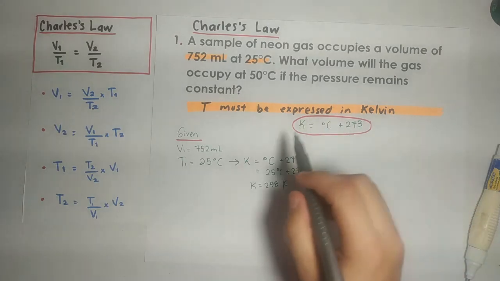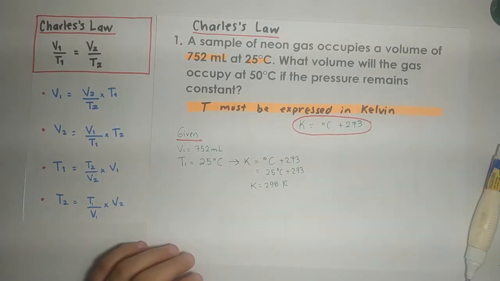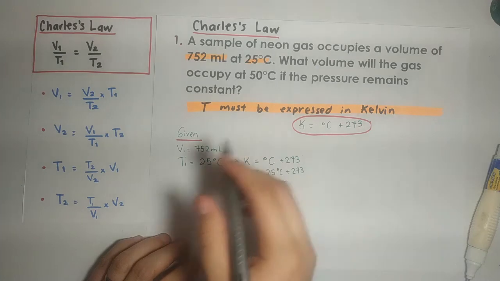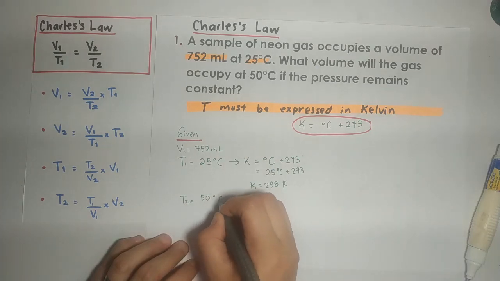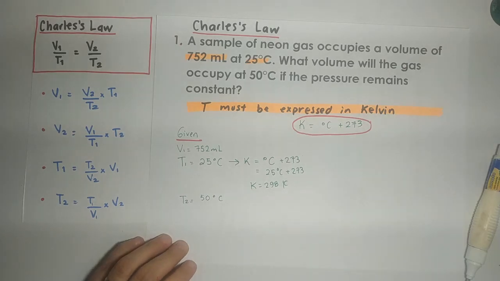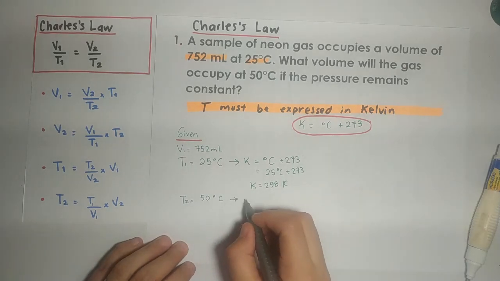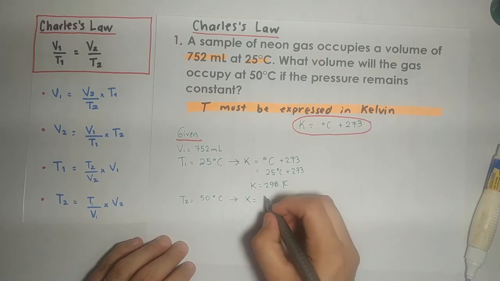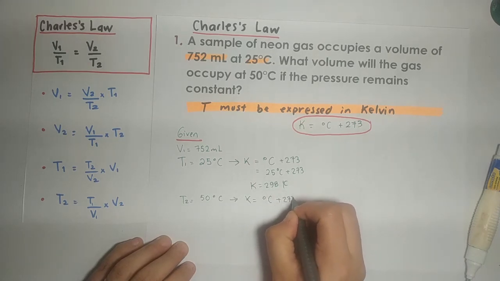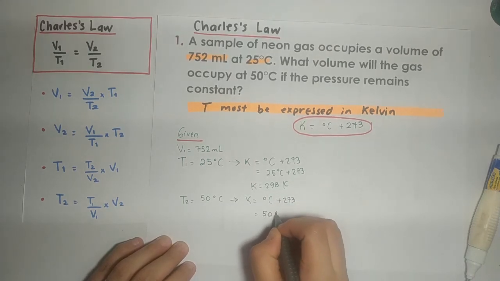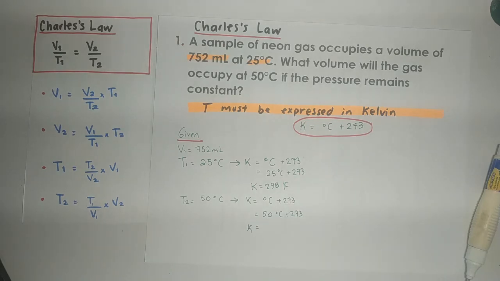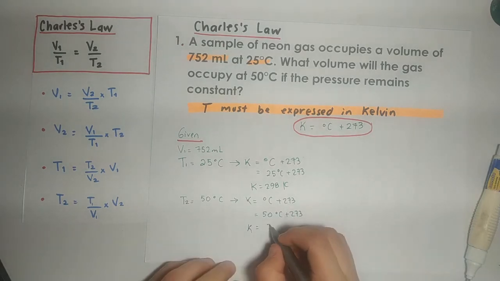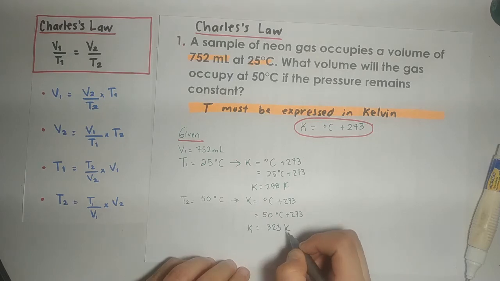Now let's continue. What volume will the gas occupy at 50 Celsius? So the final temperature is 50 degrees Celsius. So we convert to Kelvin, sorry about it. Celsius plus 273, 50 plus 273, 323 Kelvin.